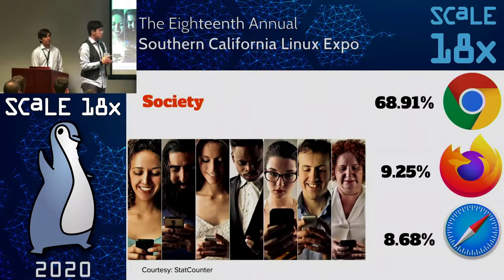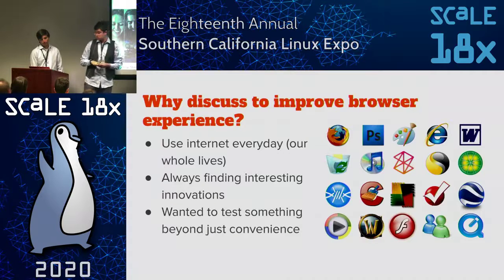The third one is Safari, which is a pre-installed web browser with Apple's ecosystem, with Macs, iPhones, you name it. And that's why it's being used so much. And Internet Explorer is being used so much because Windows 10 or Windows 7 or Vista already has Internet Explorer.